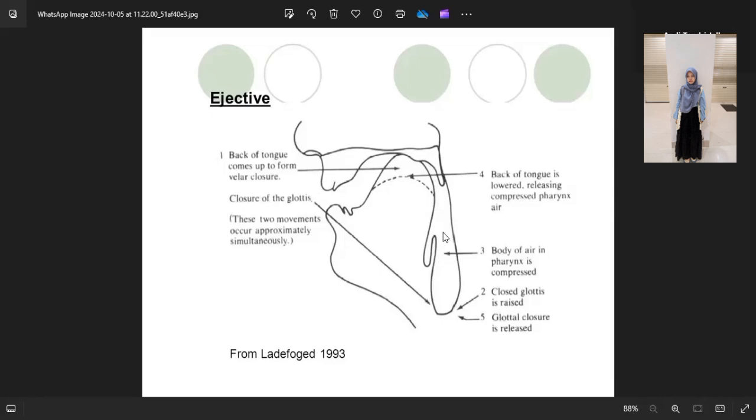Then continue, and the glottis is lowered, releasing the compressed pharyngeal air. The sound produced in this glottal closure is a glottalic sound.